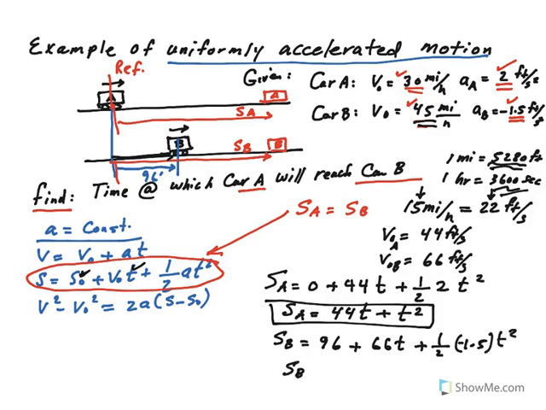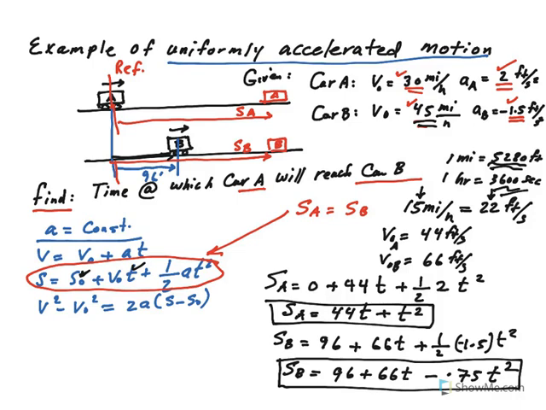So if we clean this up a little bit, it's 96 plus 66t minus 0.75t squared. So remember, now what we have to do is set S sub A equal to S sub B. I'm going to do that on the next page, and then we end up having a quadratic equation that we can solve. So let's go to the next page.